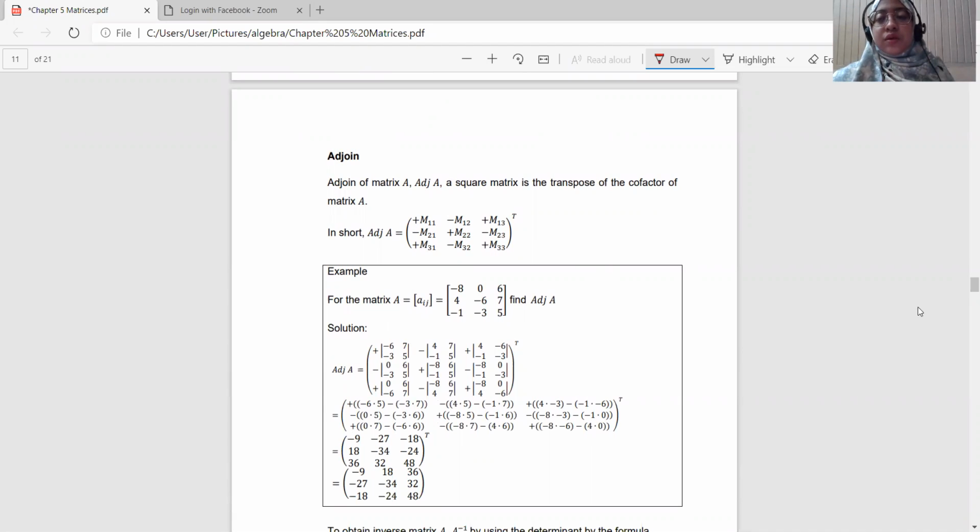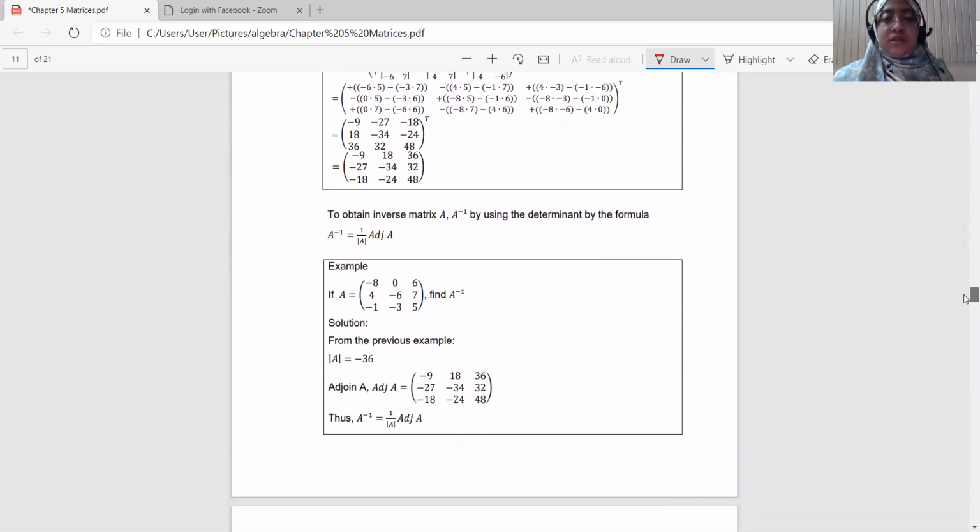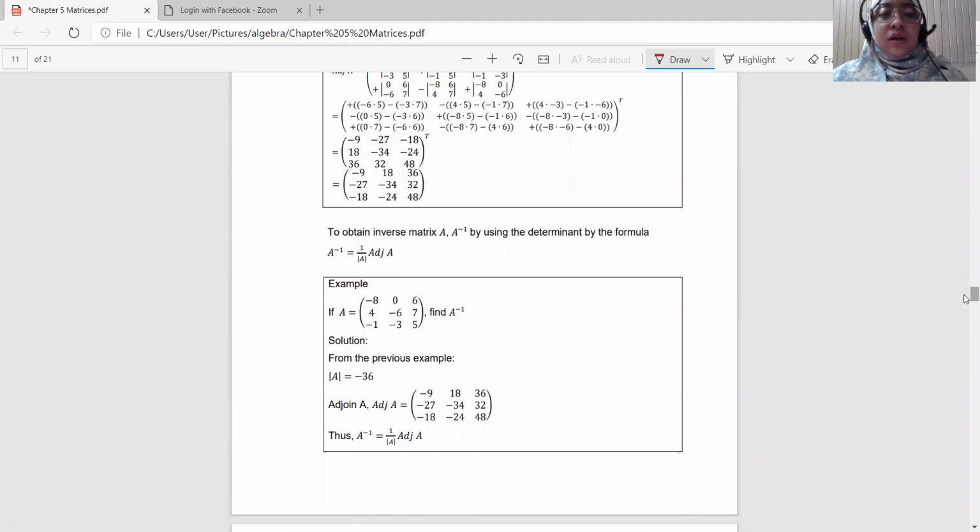So when you already have the determinant and the adjoint, you can get the inverse matrix. Just put in the formula: the inverse of matrix A is 1 over the determinant times the adjoint of A. So you get the final answer of the inverse matrix.